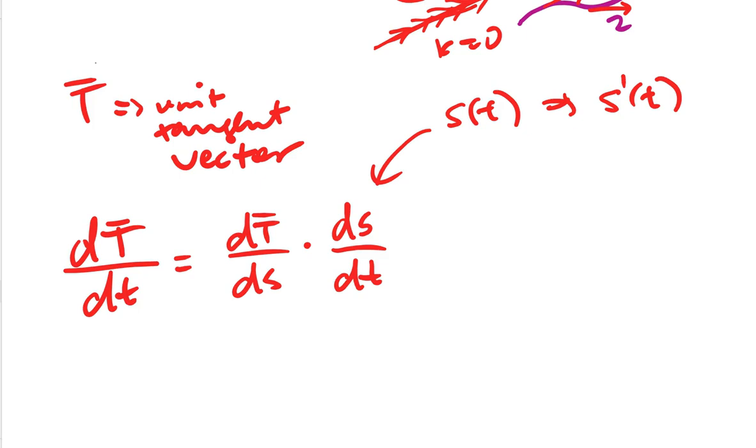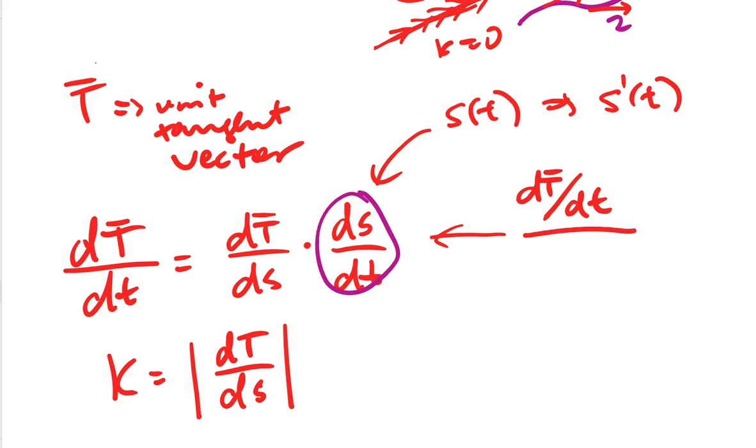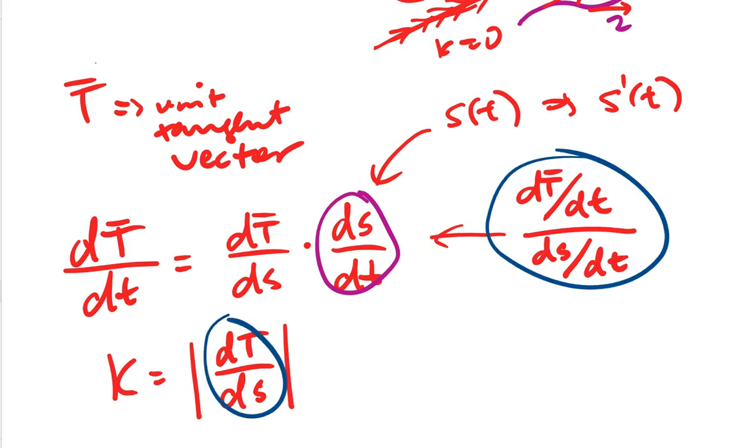All right, now K is just the length of, it's the absolute value of how the tangent vectors are changing. Well, if you take the formula before and you just divide by ds/dt, so I'm going to take this quantity and divide both sides by it, you're going to get dT/dt over ds/dt. So I can replace this with this.